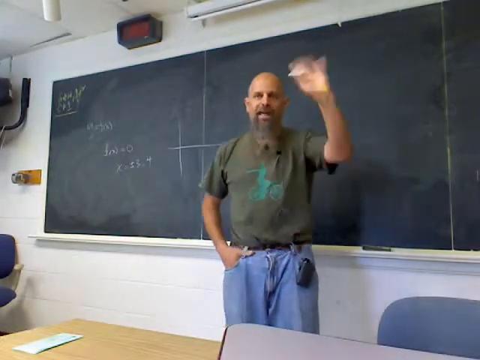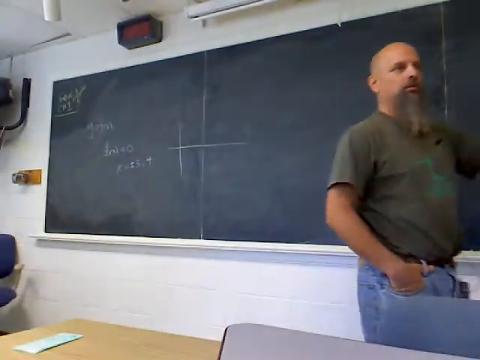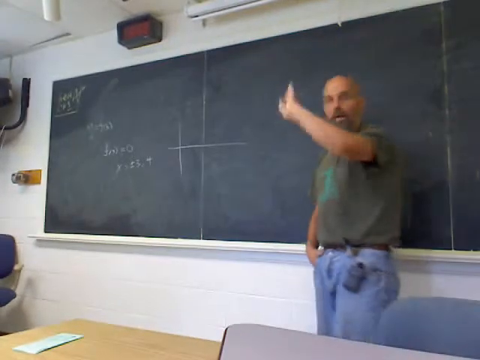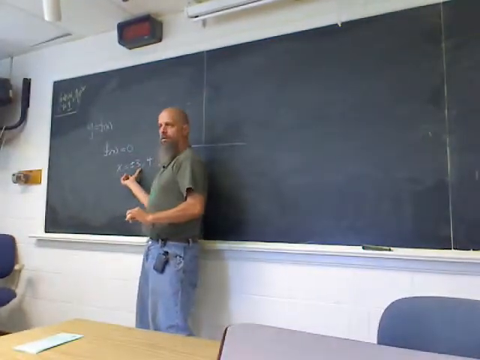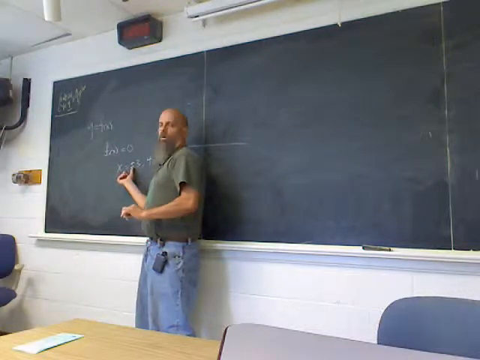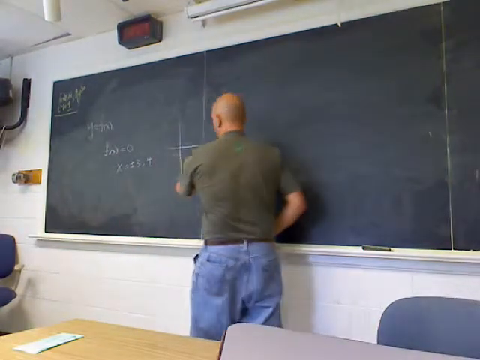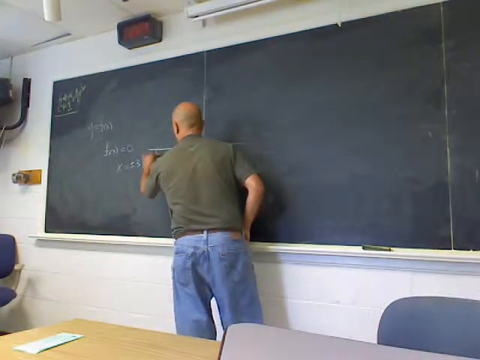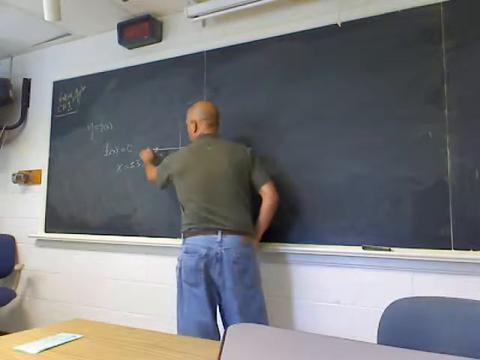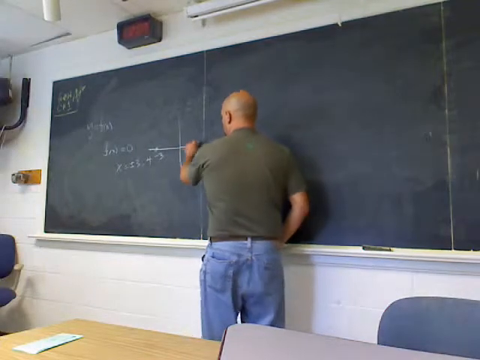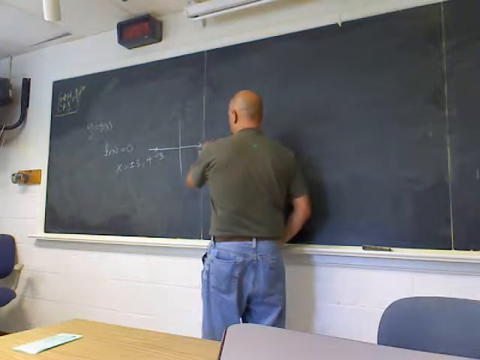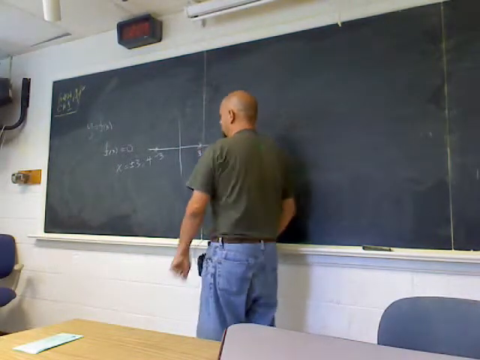We don't have an answer yet. We don't know what f of x is. But let's say x is 0 at plus or minus 3 and 4. That means over here at minus 3, the graph crosses the x-axis. I have an x-intercept. Over here at 3, I have an x-intercept. And at 4, I have an x-intercept.